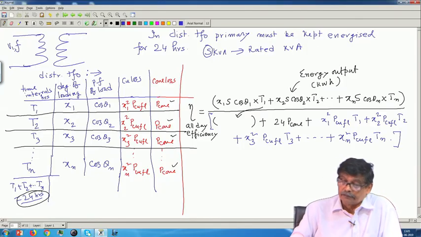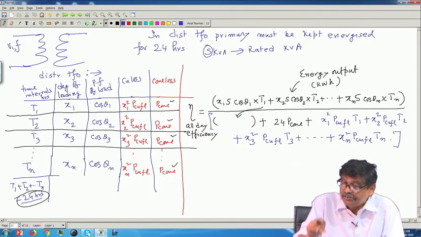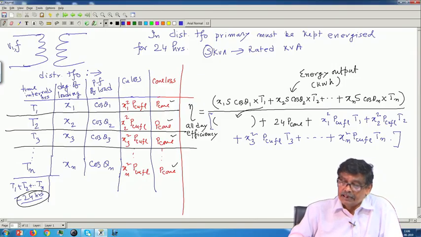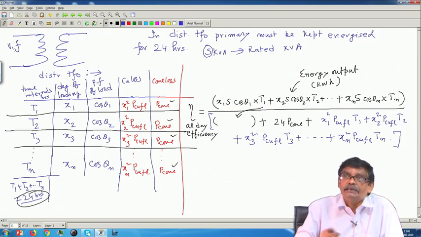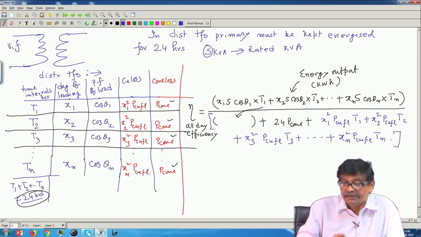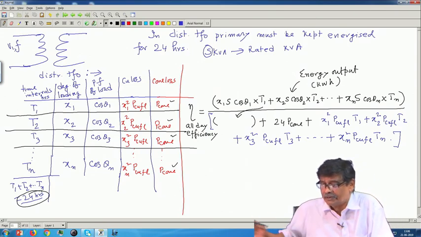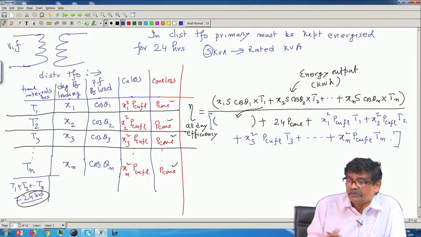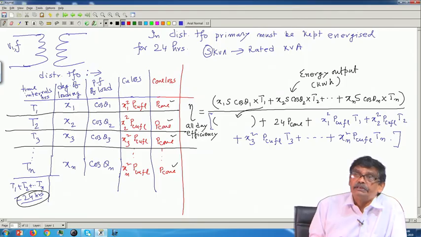And it is based on this number, that while purchasing a distribution transformer, you should rather tell the manufacturer, okay, this is my degree of loading pattern on the secondary of the transformer, and I would like to have energy efficiency of this much.